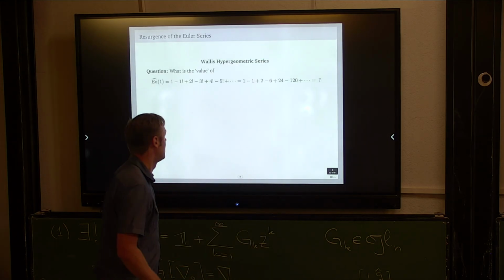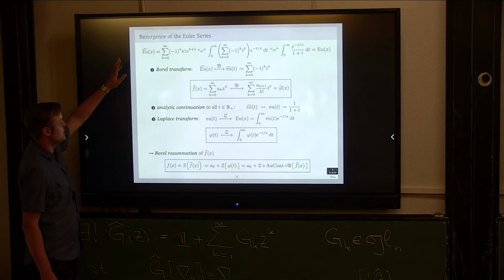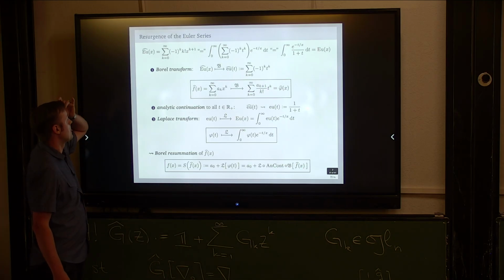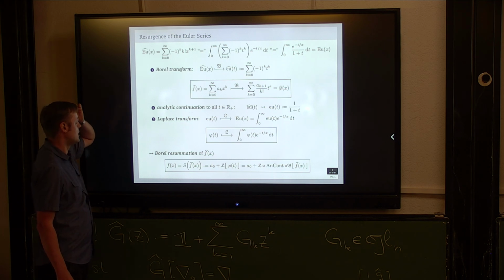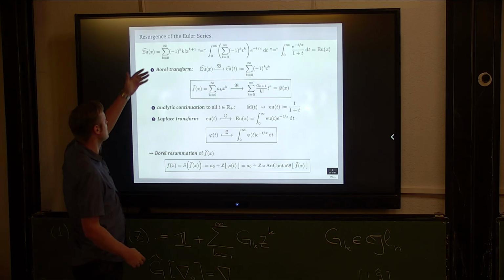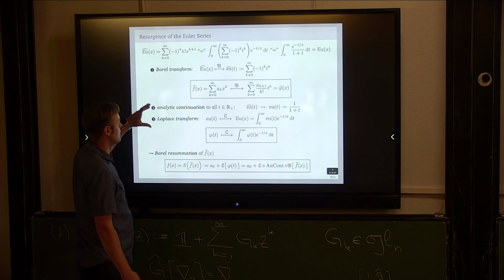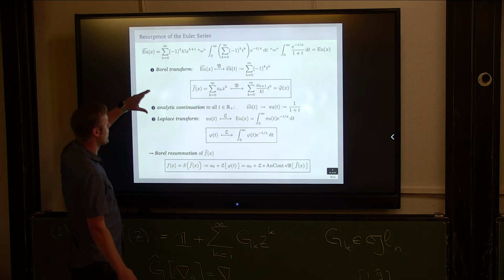Okay. Let me just make a few comments. The well-definedness of this procedure depends basically on nothing going wrong at every step.